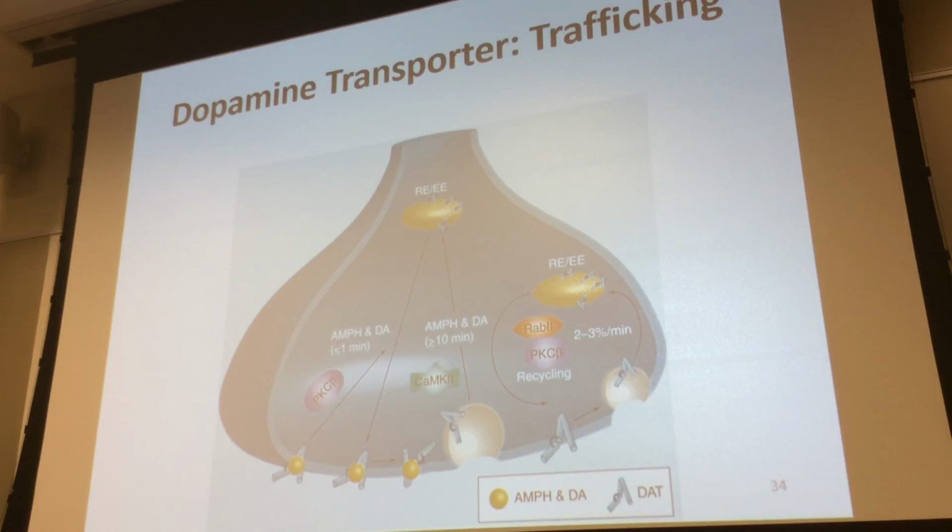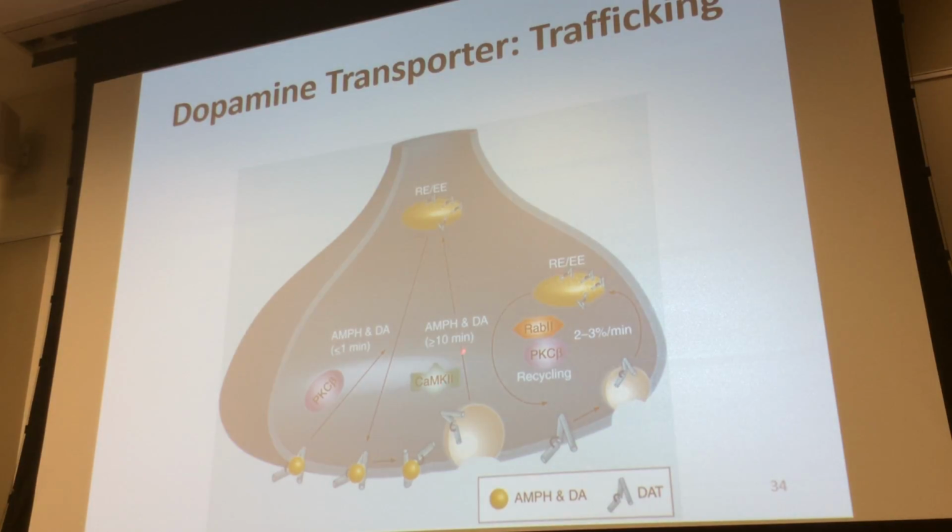So what causes the internalization and recycling of the dopamine transporter? A lot of people have done research in this area, so I'm going to summarize here. For the dopamine transporter to be rapidly recruited to the surface, it requires a protein kinase called PKC beta. If you knock out PKC beta, you won't see the rapid recruitment of the dopamine transporter to the surface when you give the substrate.